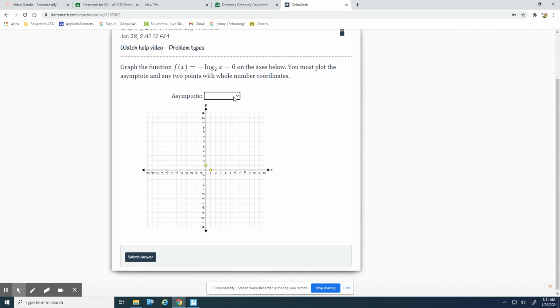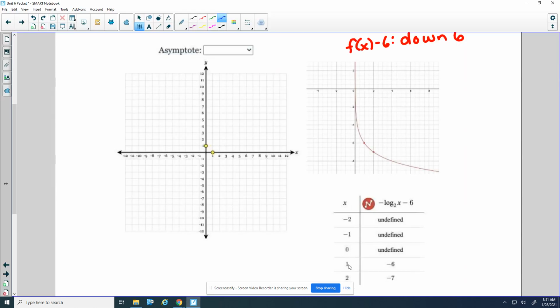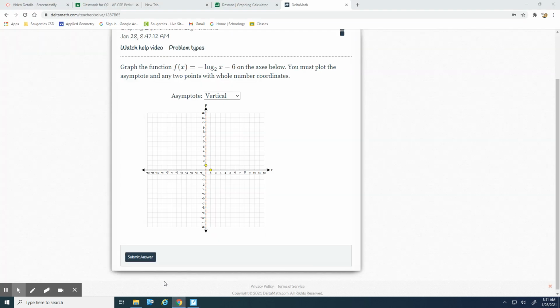So what I would have to say here is that since it's a log graph, we have a vertical asymptote. It pops this in. We saw from our graph that the asymptote was here, and that made the graph go away because the points are there. If I look back at my table, I have a point (1, -6) and (2, -7). So the way Delta Math works, we just take the points and put them there.